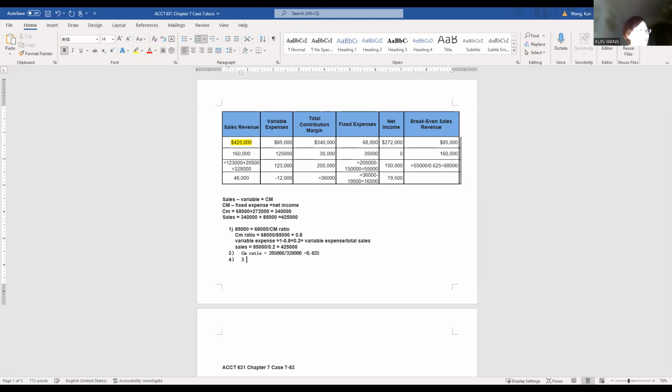For this question, 36 divided by 48 is 75%. And now you can calculate.